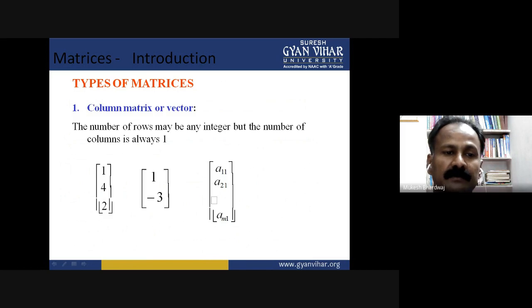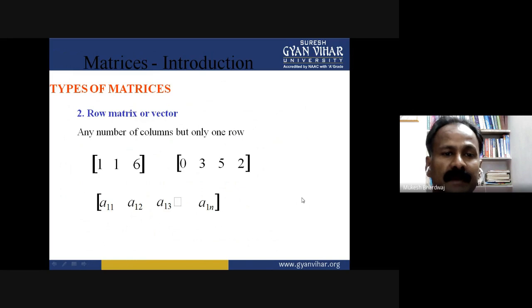For example, 1 4 2 is a column matrix having a single column and three rows. 1 minus 3 is a matrix having a single column and two rows. In general, a11, a21, ..., am1: here m rows are there, but the column is only one. So this is known as the column matrix.